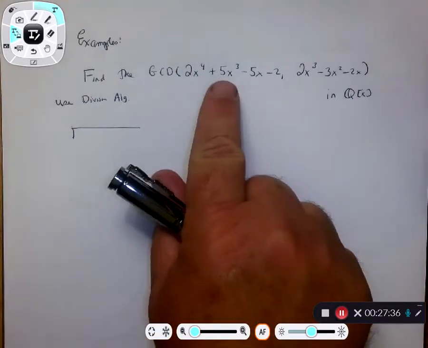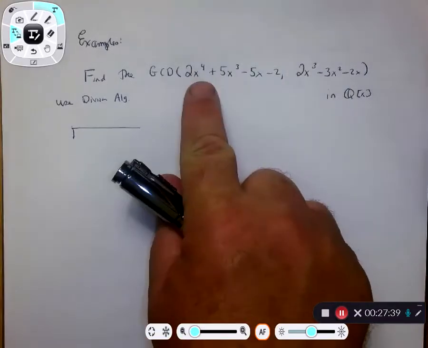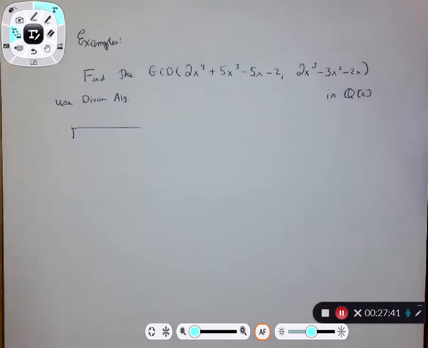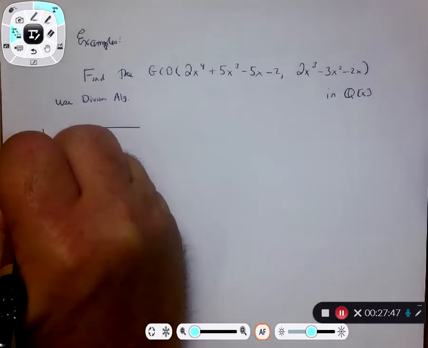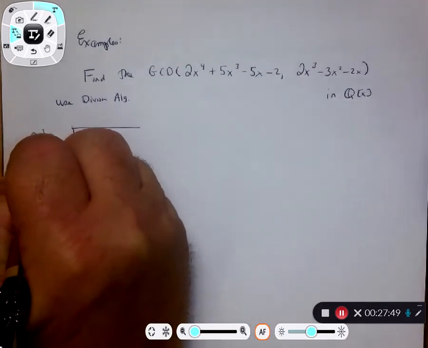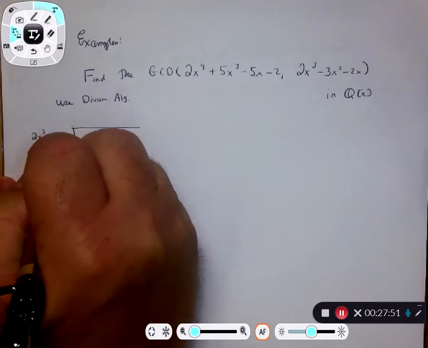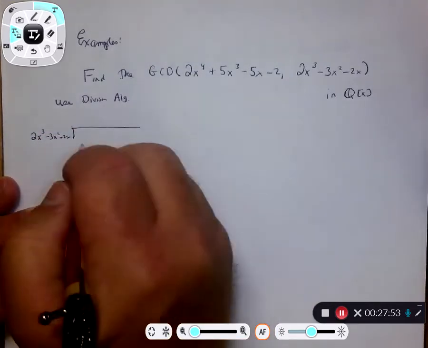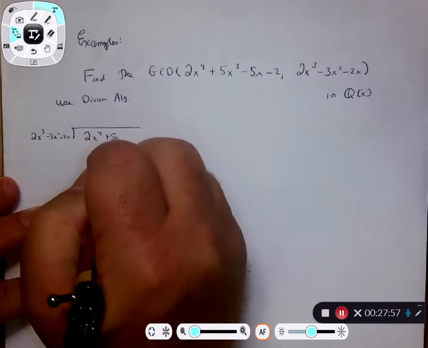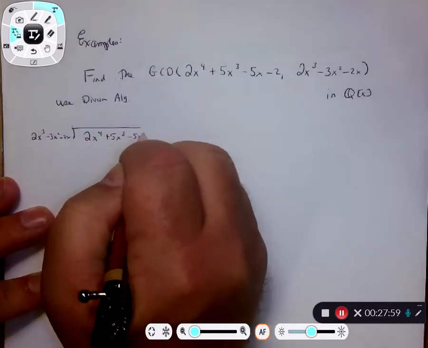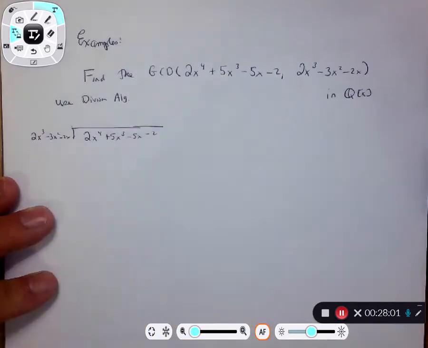I want my dividend to be the largest degree polynomial, and the one I'm dividing by to be the smaller degree. So I'm dividing by 2x cubed minus 3x squared minus 2x into the polynomial 2x to the fourth plus 5x cubed minus 5x minus 2.